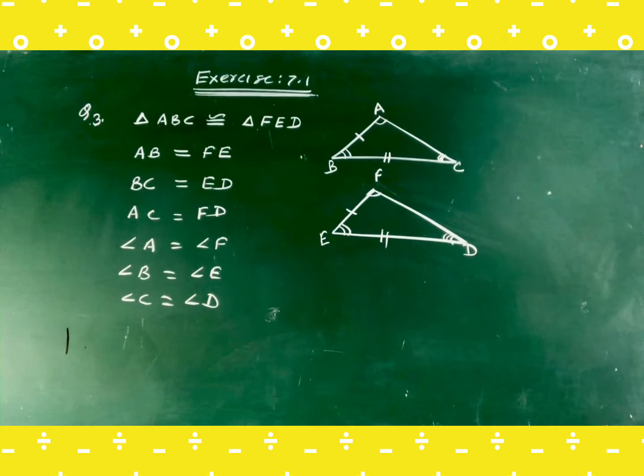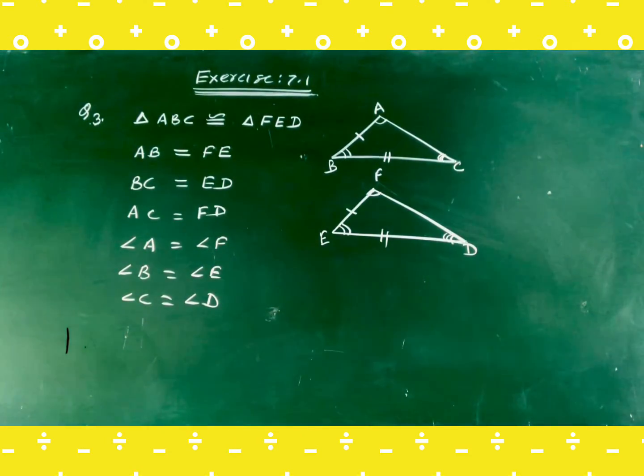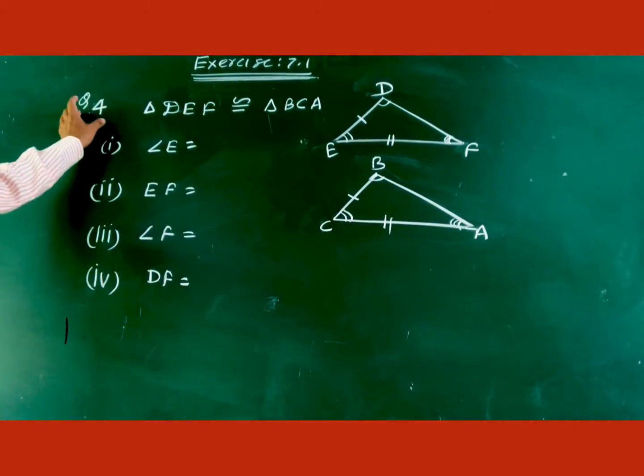If two triangles are congruent, then all 6 corresponding parts, 3 sides and 3 angles, are equal.